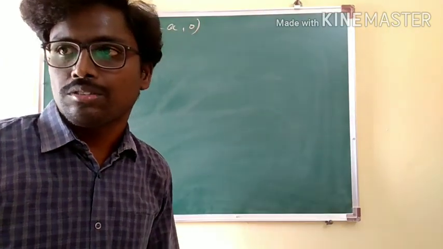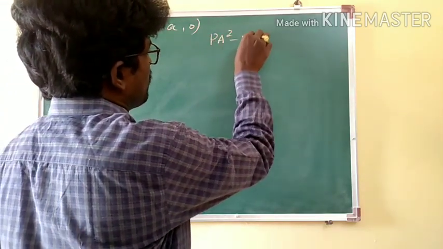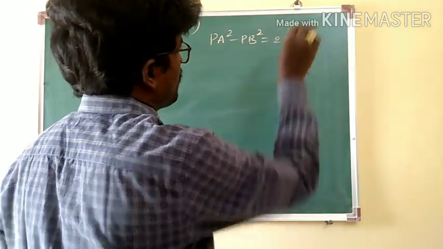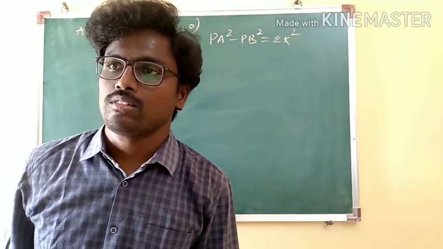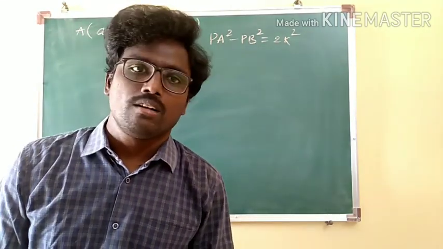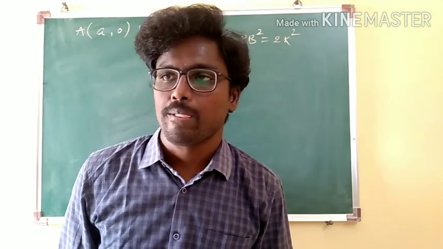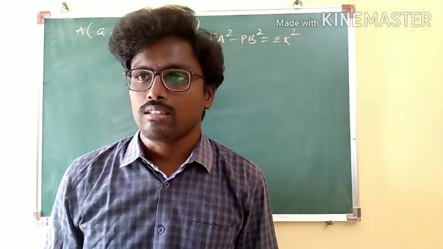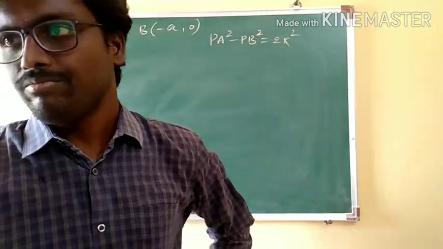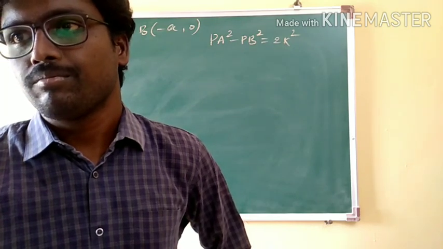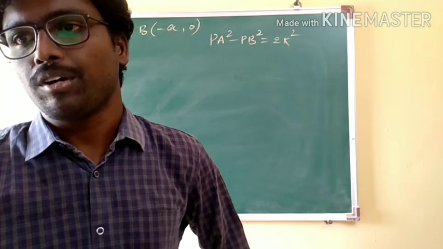If a point P moves so that PA square minus PB square is equal to 2K square, where K is a constant, then the equation to the locus of the point P.